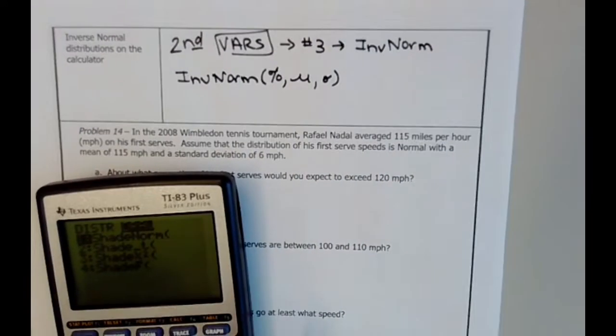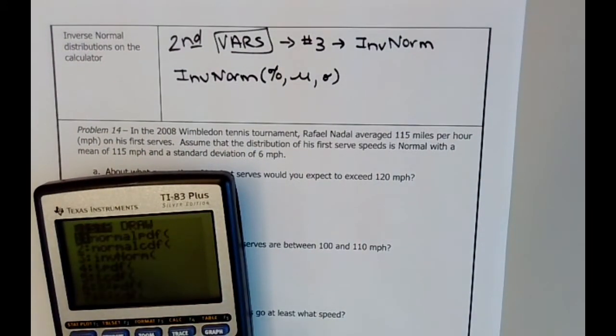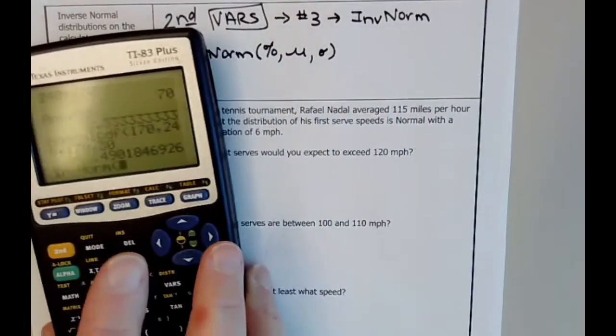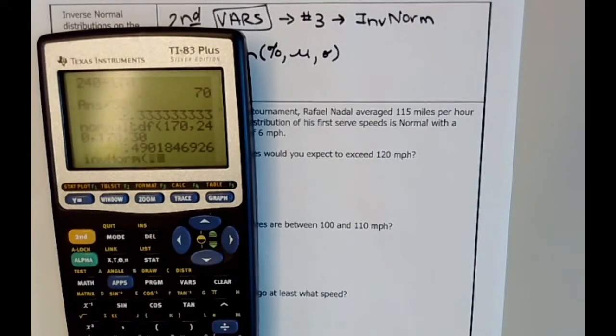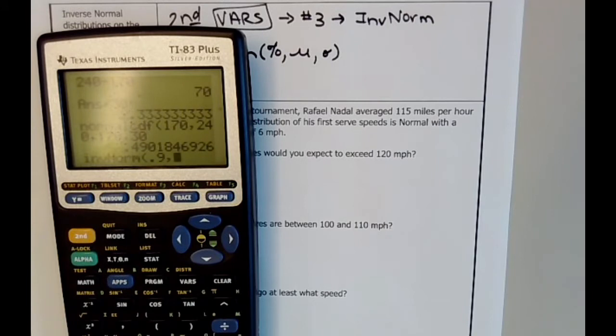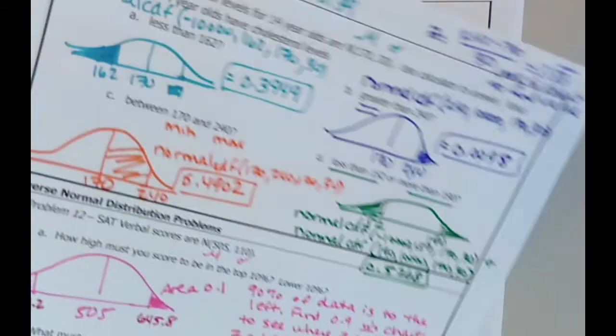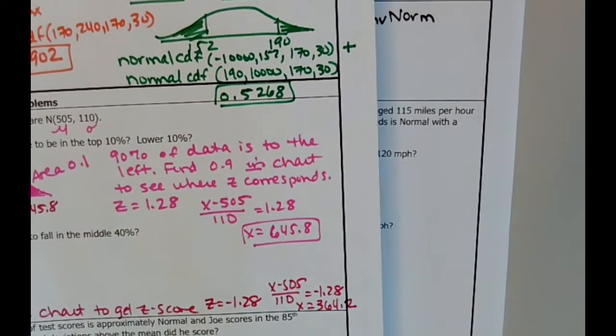So we would go second VARS, number 3, and 0.9 is the value we want. We put that as a decimal, and the mean was 505 and the standard deviation was 110. By doing that, it gives us that score of 645.9, which is what we found when we went backwards doing it this way.